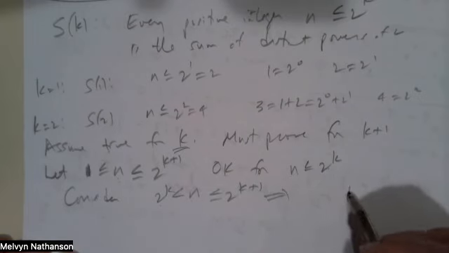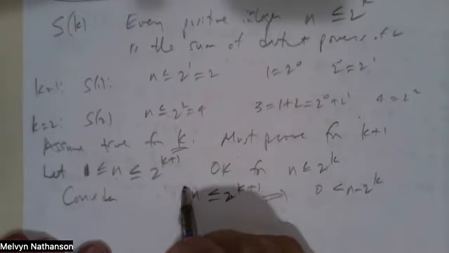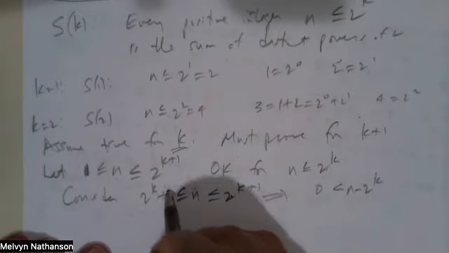So what can we do? Well, if n is between 2 to the k and 2 to the k plus 1, if you take n minus 2 to the k, this is bigger than 2 to the k minus 2 to the k. This is bigger than 0. Or another way of saying that n is greater than 2 to the k is that n is greater than or equal to 2 to the k plus 1.